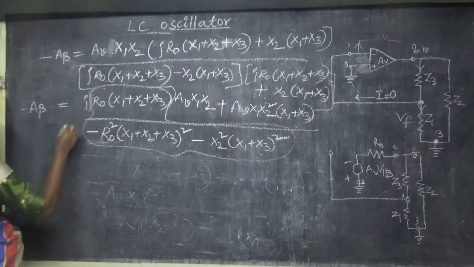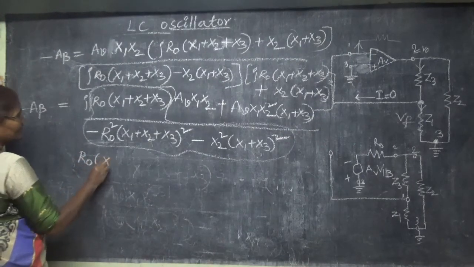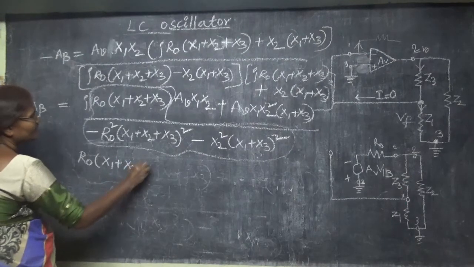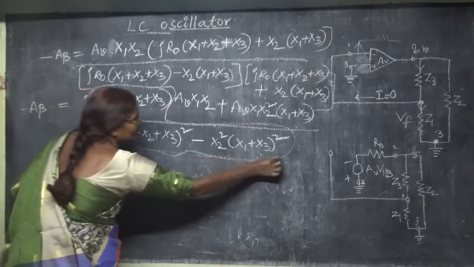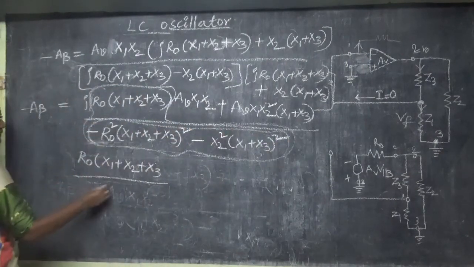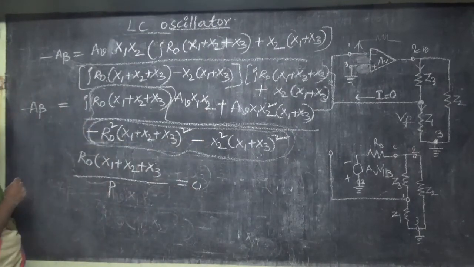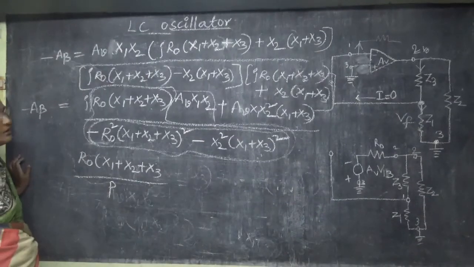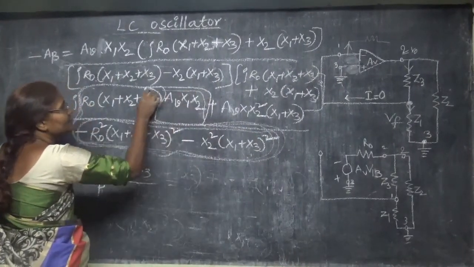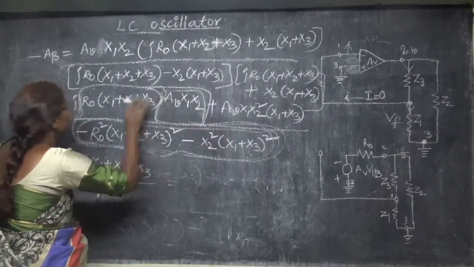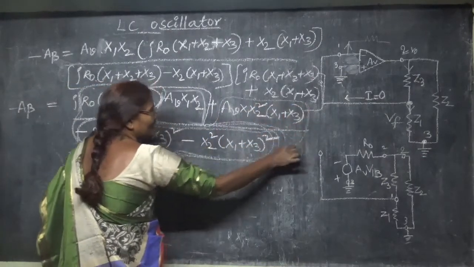So my imaginary part is going to be 0. So R0 into x1 plus x2 plus x3 divided by the total thing, let it be p, should be equal to 0. Now this total part, I missed this, you have to consider this also. This is my imaginary part and this is my real part.